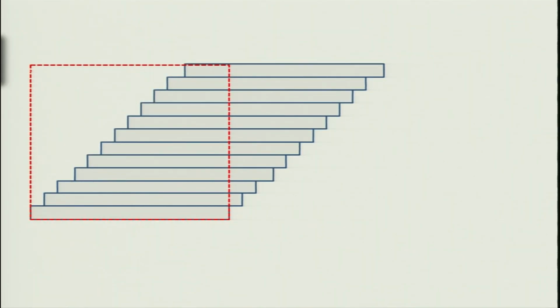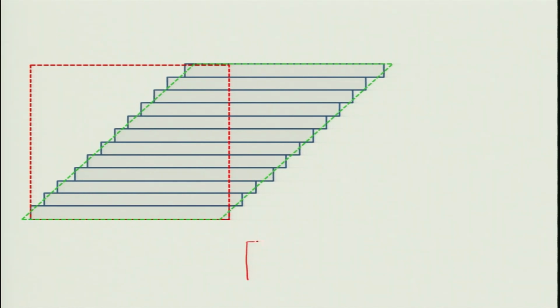The red dashes show the original crystal, which was a square crystal, and by the motion of dislocation in successive planes, it has given rise to a sort of parallelogram. So, the crystal has gone from a rectangular shape to a different shape, and this is basically the deformation.